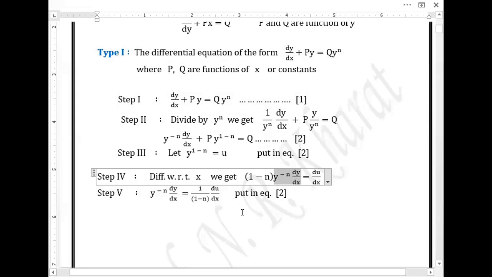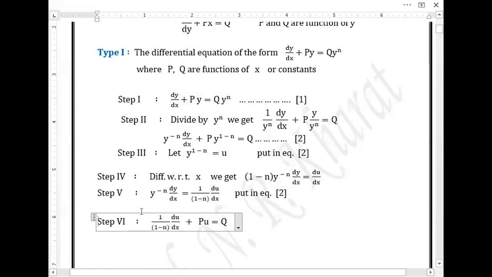So replacing the value of these particular terms in the given equation, we get the new differential equation: 1/(1-n) du/dx + Pu = Q.